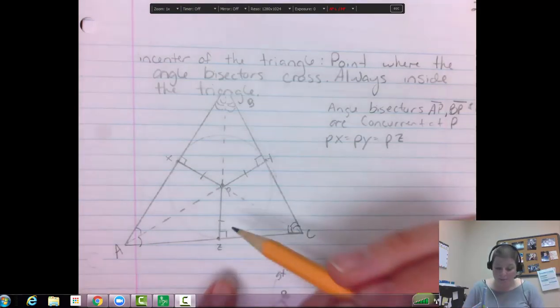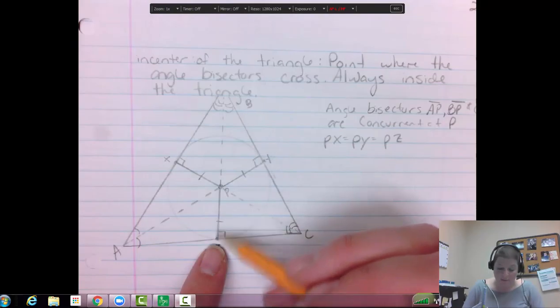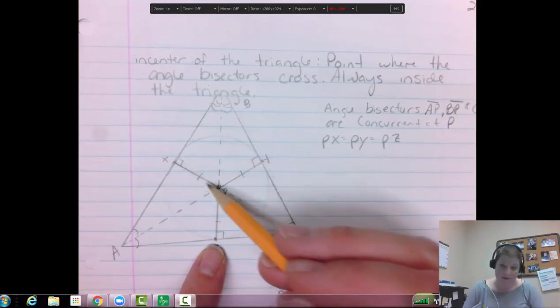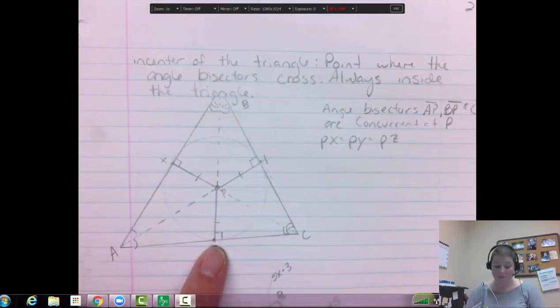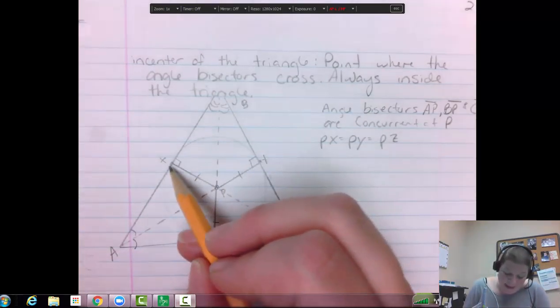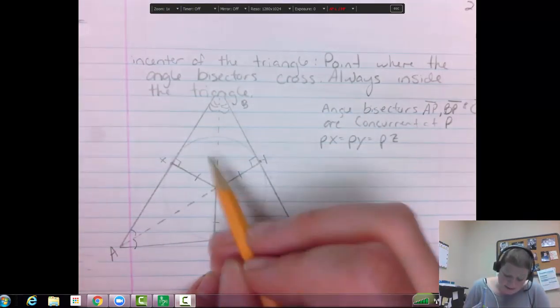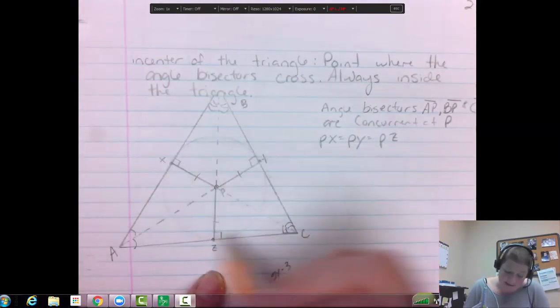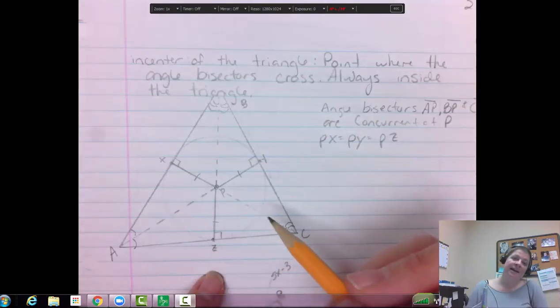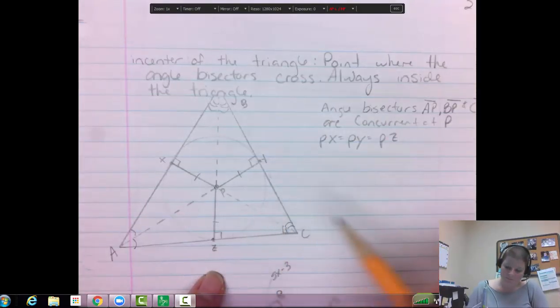This is where the perpendicular bisectors are equal distance from the point. Okay, it's always inside the triangle. That's different than the last one. And from that midpoint, is where this center is equidistant and can draw that circle.